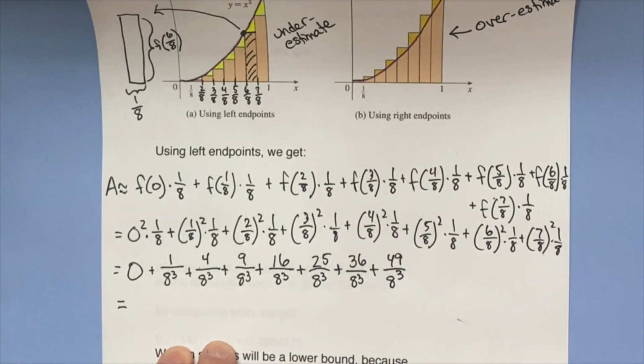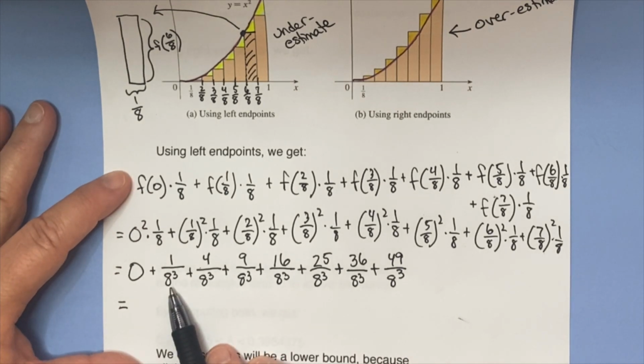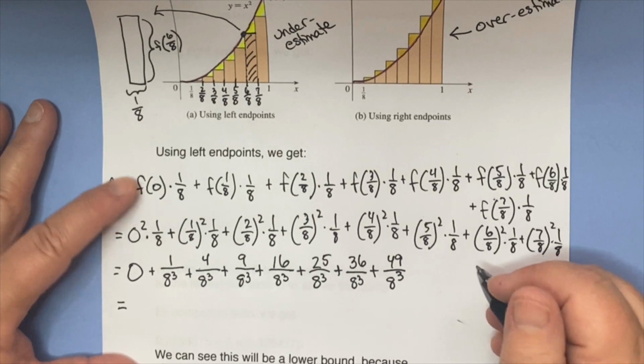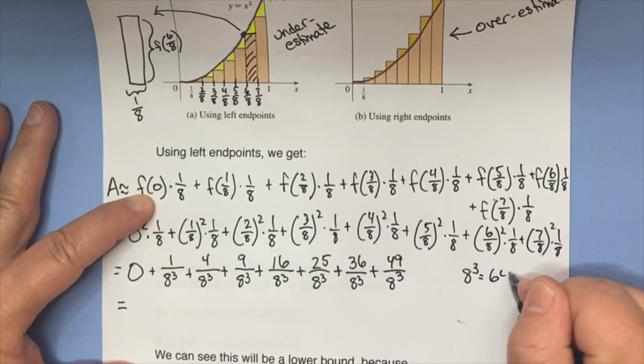Okay, so I've got a bunch of numbers here. And if I add them all together, first thing I need to know is what 8 cubed is. 8 times 8 is 64 times 8 is... If you're wondering, why aren't you using your calculator?